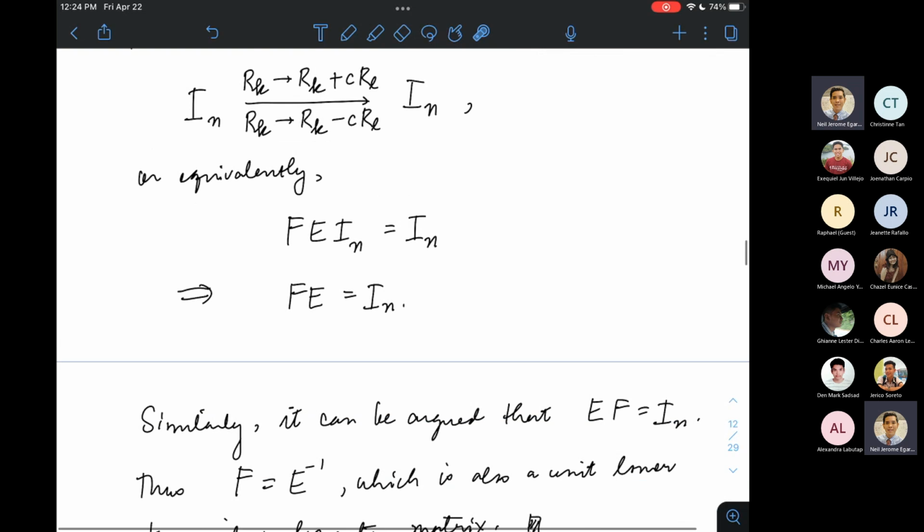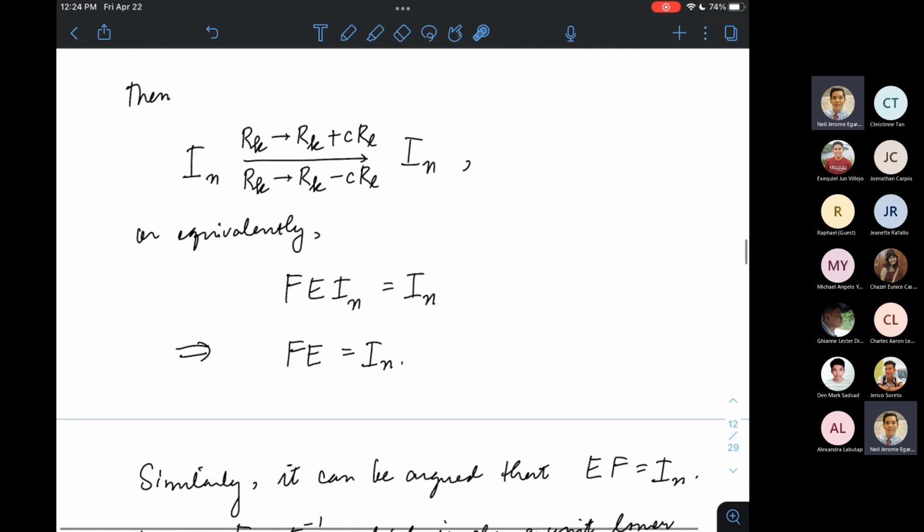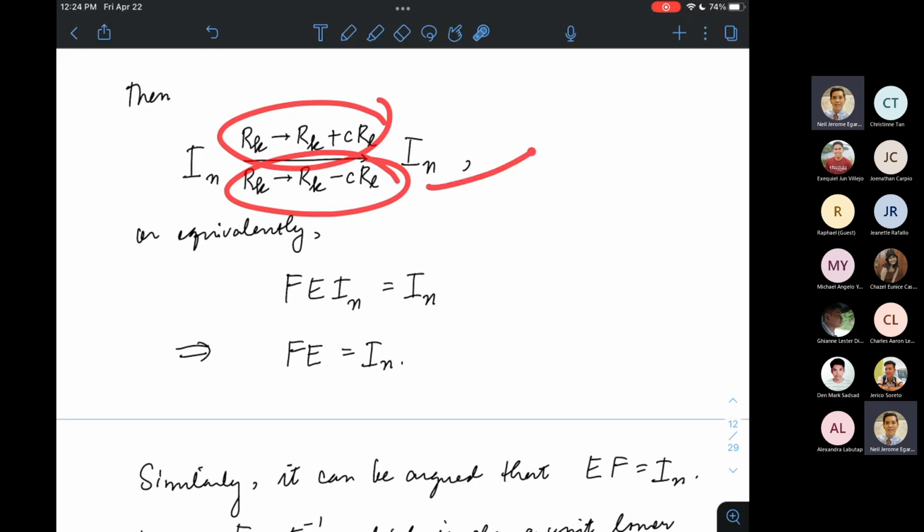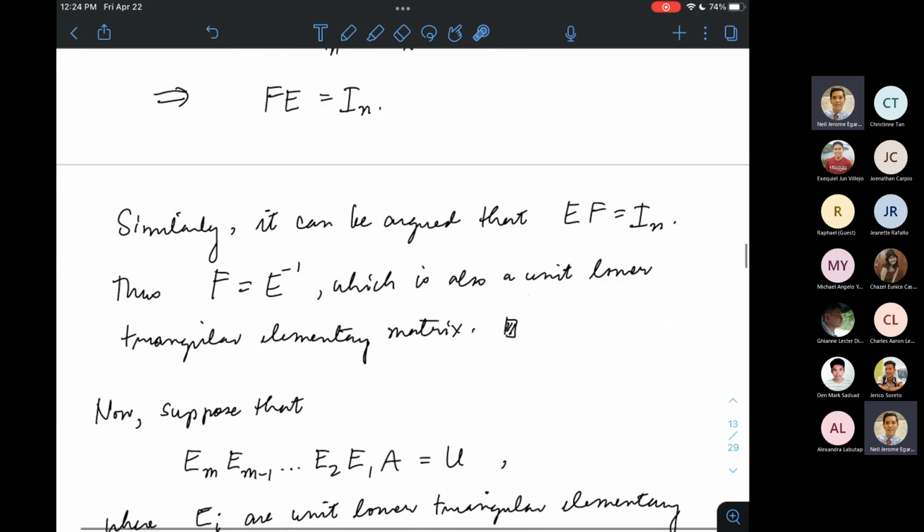Right? Then you can do the same thing, but reorder etong dalawang elementary row operation. Pag pinagpalit mo yung order nila, mapapakita mo naman na si EF ay equal kay identity matrix. So basically, we are seeing here that when we multiply F and E to each other, regardless of the order, we always get the identity matrix back.